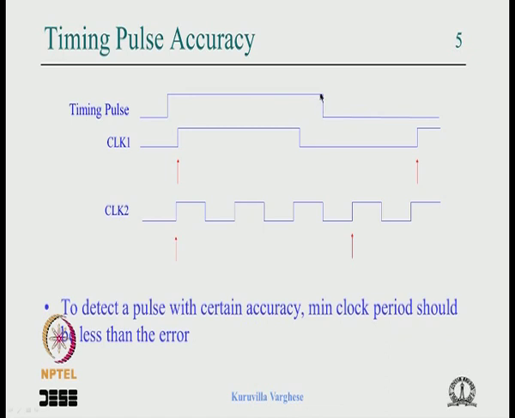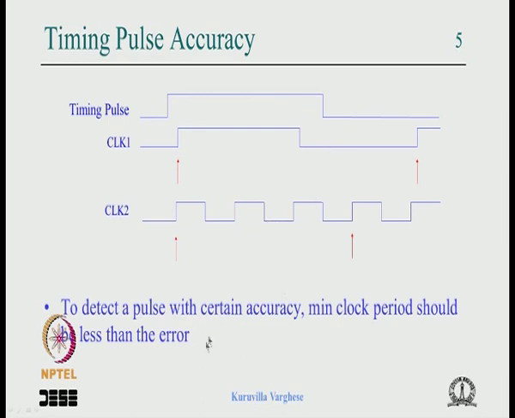So suppose somebody says there is a plus or minus error within which an event has to be detected or responded to. Then the event should be detected with an accuracy of some time period, and the clock period should match that error, and only then can we detect it.